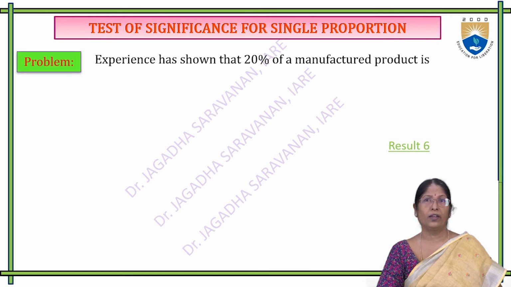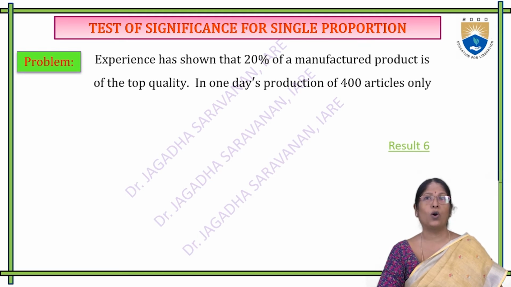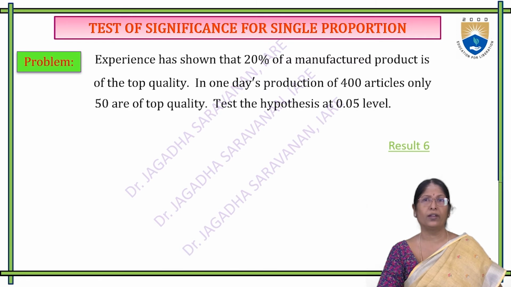Experience has shown that 20% of the manufactured product is of top quality. That is what the company is manufacturing, and they are telling us that 20% is top quality. In one day's production of 400 articles, only 50 are top quality.